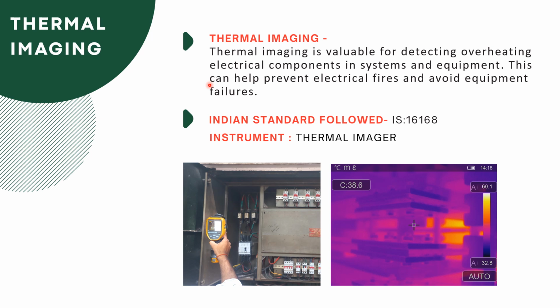If we talk about the electrical system, connections, electrical cables can have thermal heating, bus bars can have thermal heating. So the temperature of the electrical system is checked by this thermal imager, and this is also used in boilers and other equipment, but mainly it is used in electrical systems for checking the temperature of the parameters of the system.